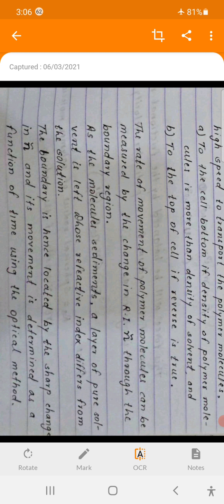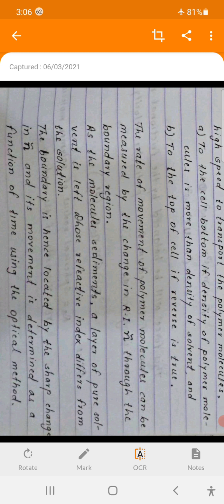Then the rate of movement of polymer molecules can be measured by change in refractive index at the boundary region. As we carry out centrifugation, the polymer molecules move along the test tube, and therefore the refractive index along the length of the test tube also changes.